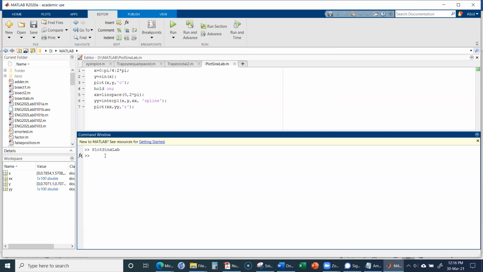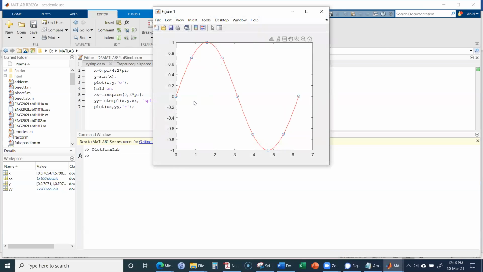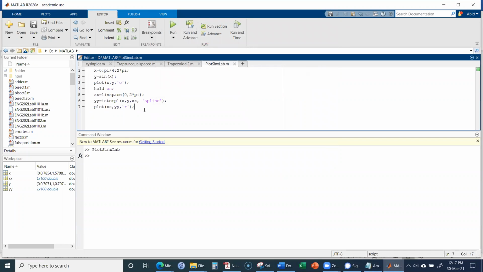And now let's run it. So now you can see that it is much smoother. This spline interpolation is much smoother than the linear interpolation, and it's almost the same as the original sine x curve. To compare how close it is to the original sine x curve, maybe we can plot another curve.